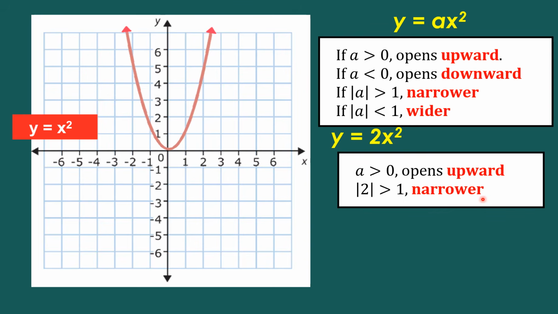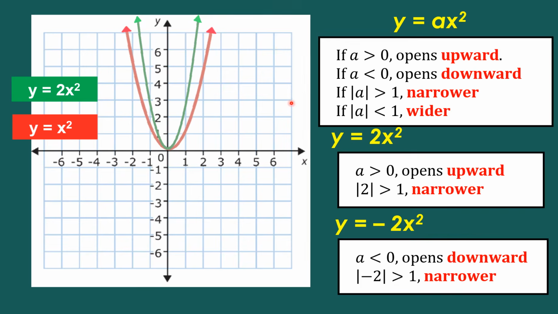Ibig sabihin, ang graph natin is narrower compared to our parent function. So this is how the graph of y equals 2x squared looks like. Notice that the graph opens upward, but it is narrower, mas makitid compared to our parent function y equals x squared.